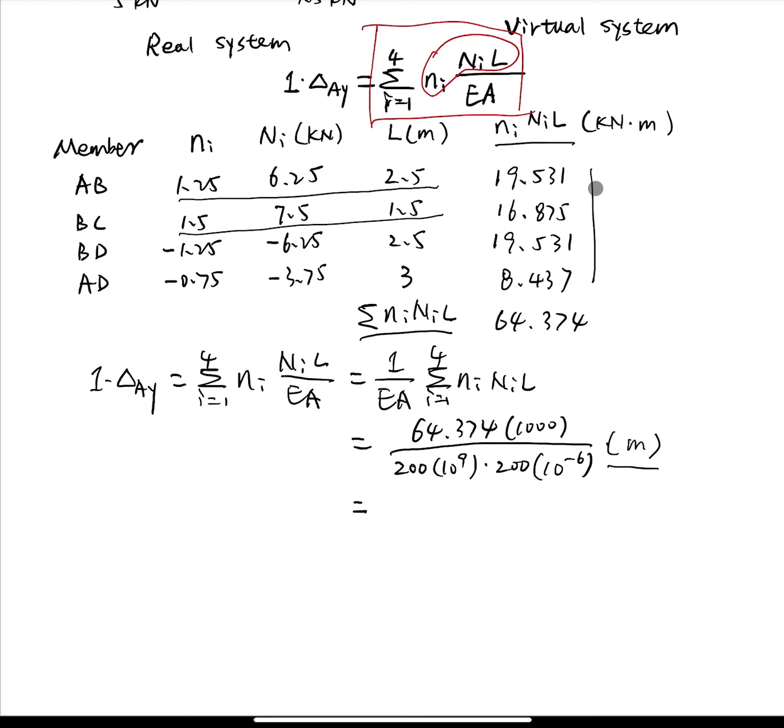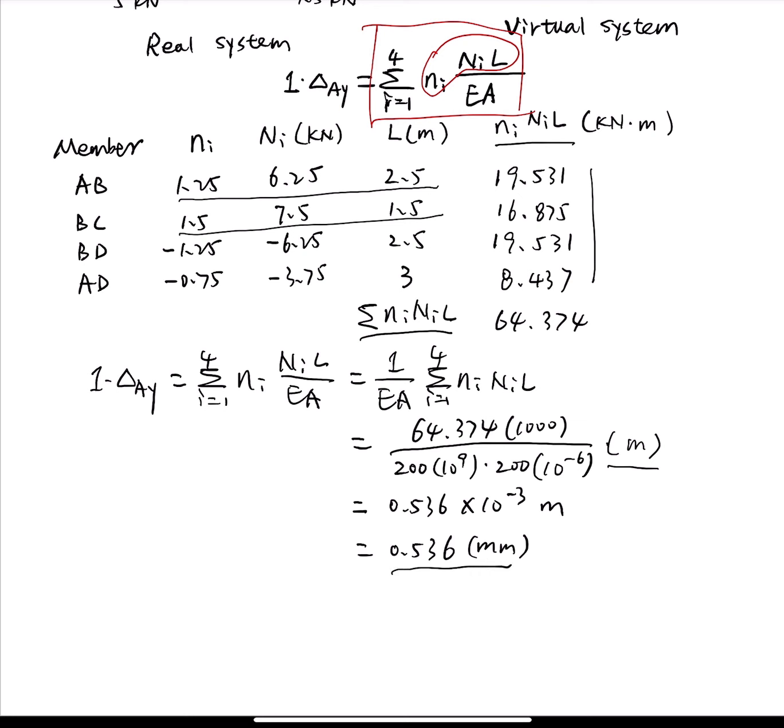Once we do the calculation, we come out with the result of 0.536 times 10 to the negative 3 meter. That is equal to 0.536 millimeter. So this is the vertical displacement at joint A.